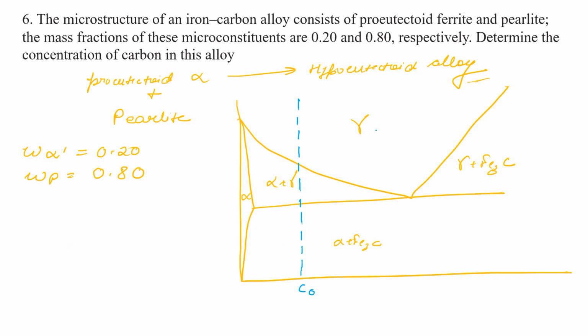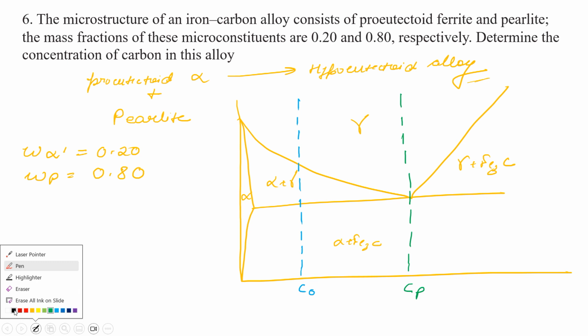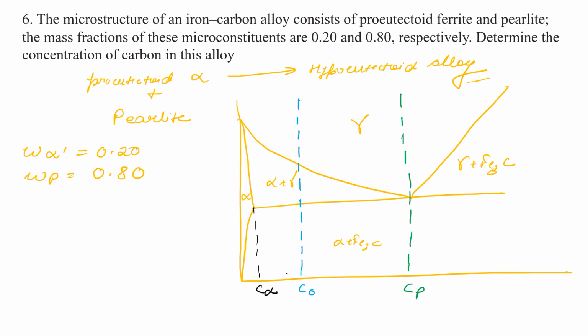This is pearlite, Cp, and this here is C alpha. Pro-eutectoid alpha is nothing but, if you consider this as the phase field of alpha, the opposite arm is this one.